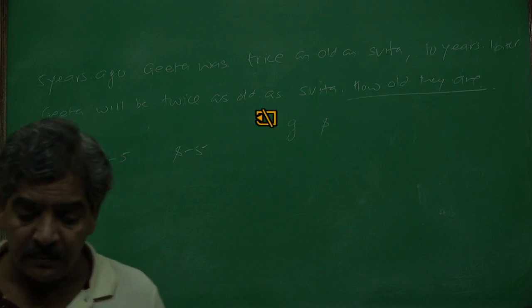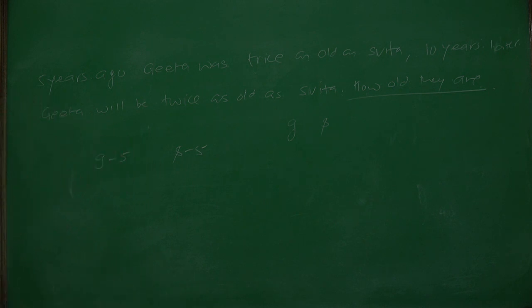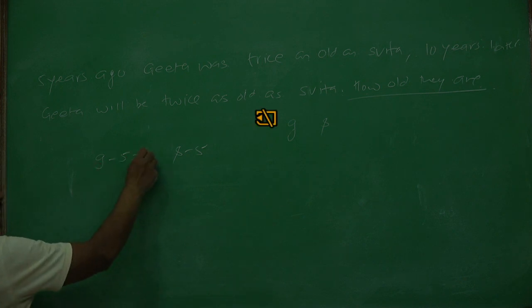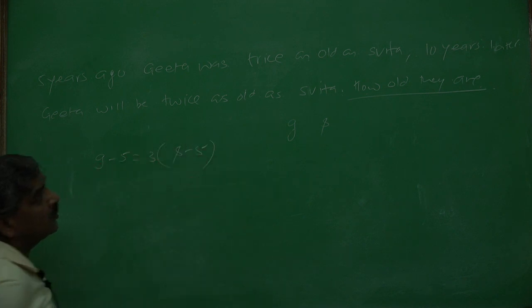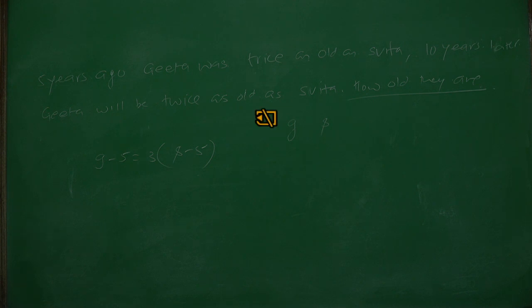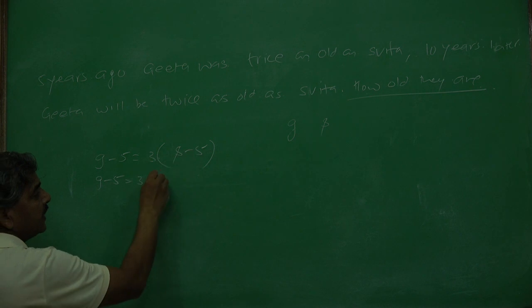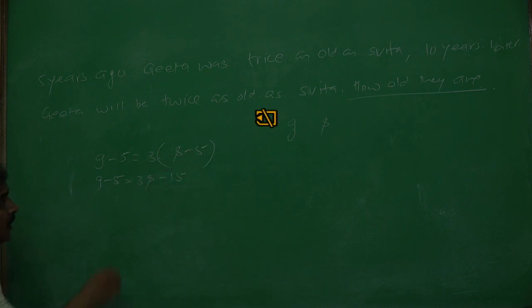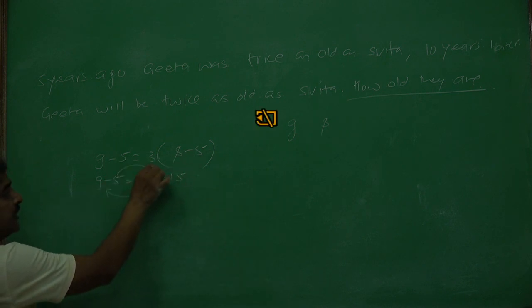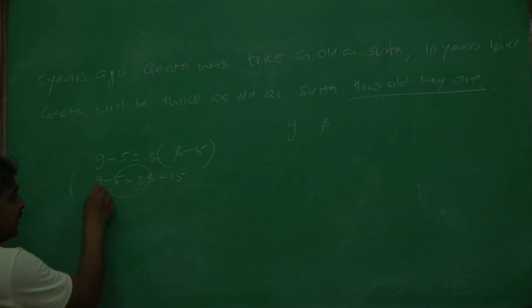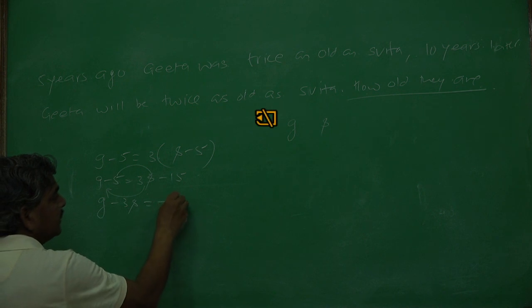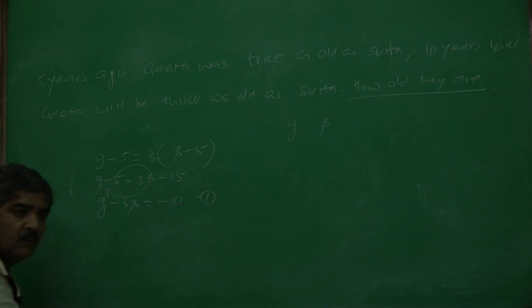Read the statement. So G minus 5 is equal to 3 into (S minus 5). Open the bracket: 3S minus 15. Shift 3S to the left hand side and 5 to the right hand side. So G minus 3S is equal to minus 10. This is equation number 1.